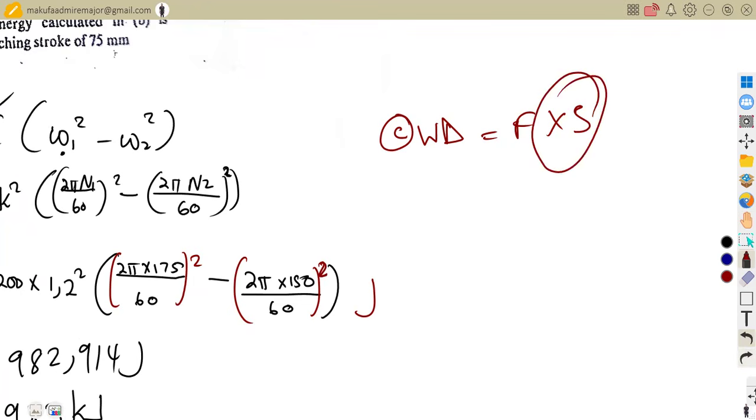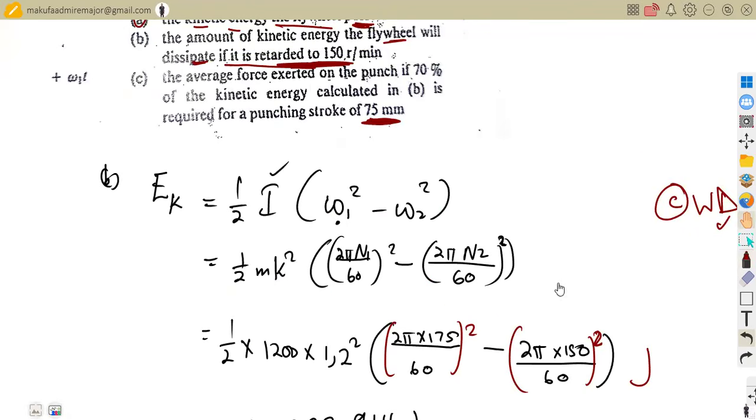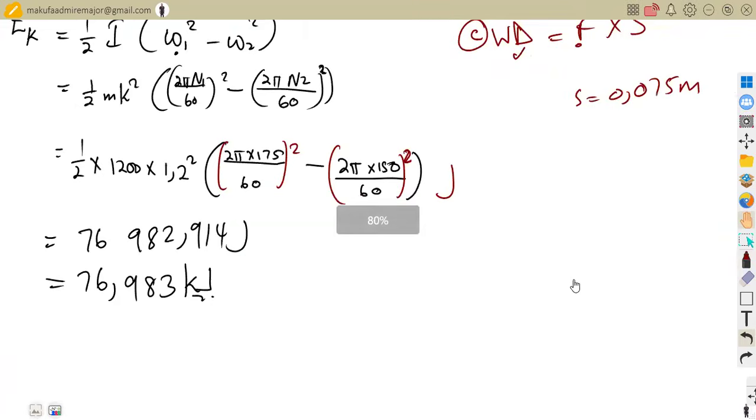Because we have the distance that was taken in the stroke length, the stroke. So S there is 75 millimeters, 0.075 meters. But what about the force? That is where now we think of the work done, because it's what's going to help us to calculate the force. So work done is the 70% that we are given here, 70% of the kinetic energy.